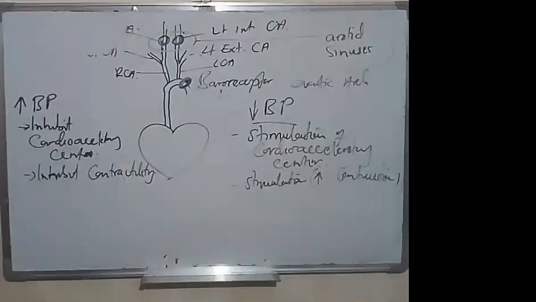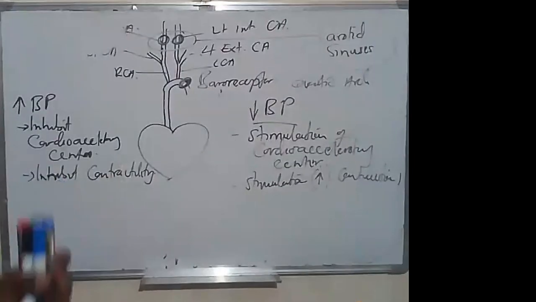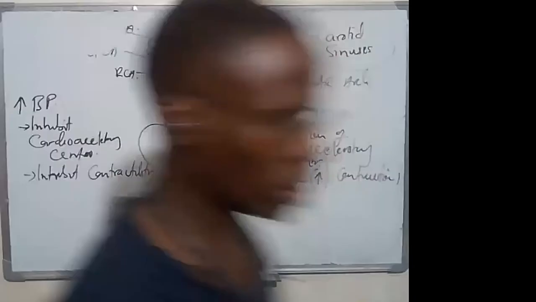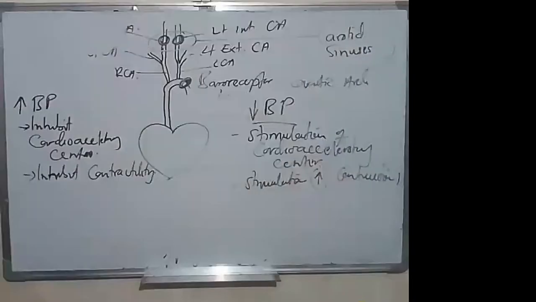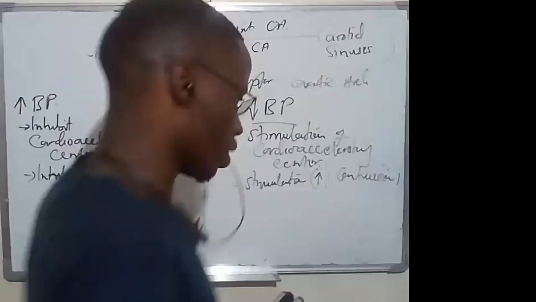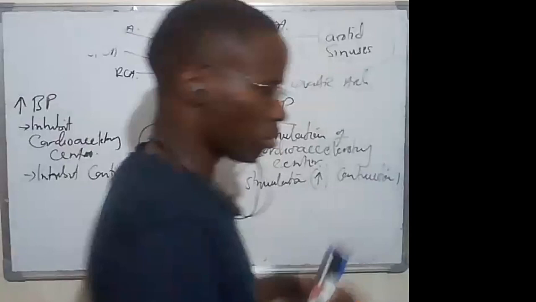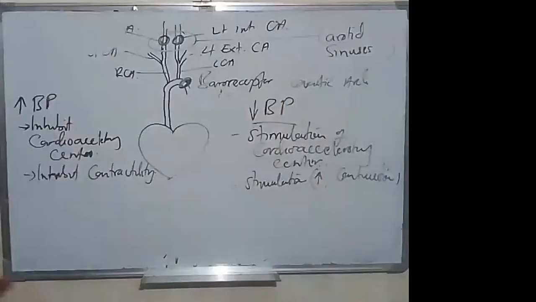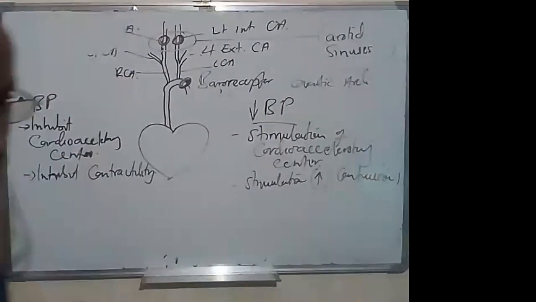That is on the left and right internal carotid artery. Now, when blood is passing through those baroreceptors, remember, when you say baroreceptor, it means we're talking about something that is able to detect what? Pressure, isn't it? Pressure.